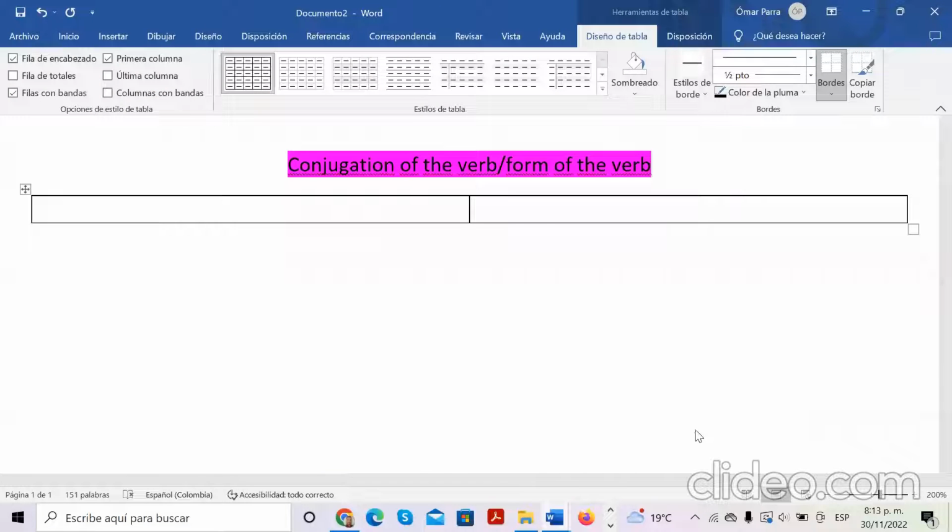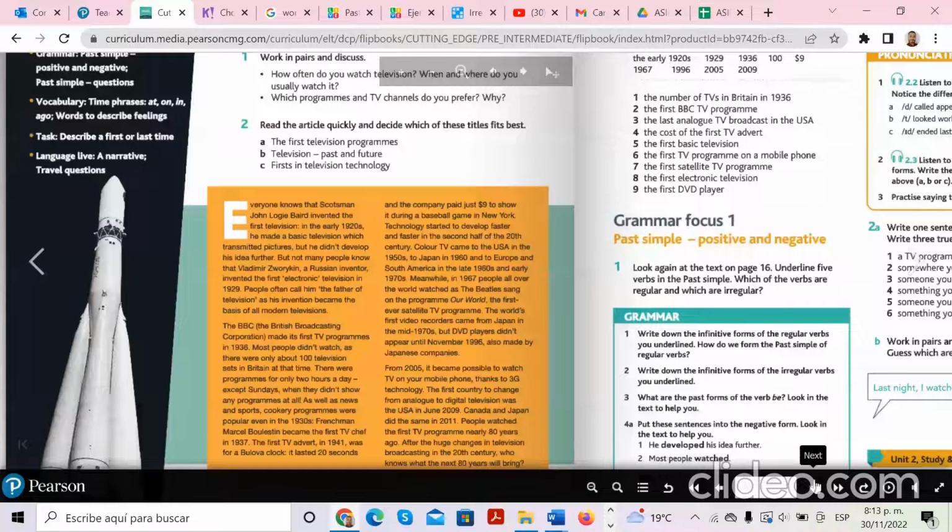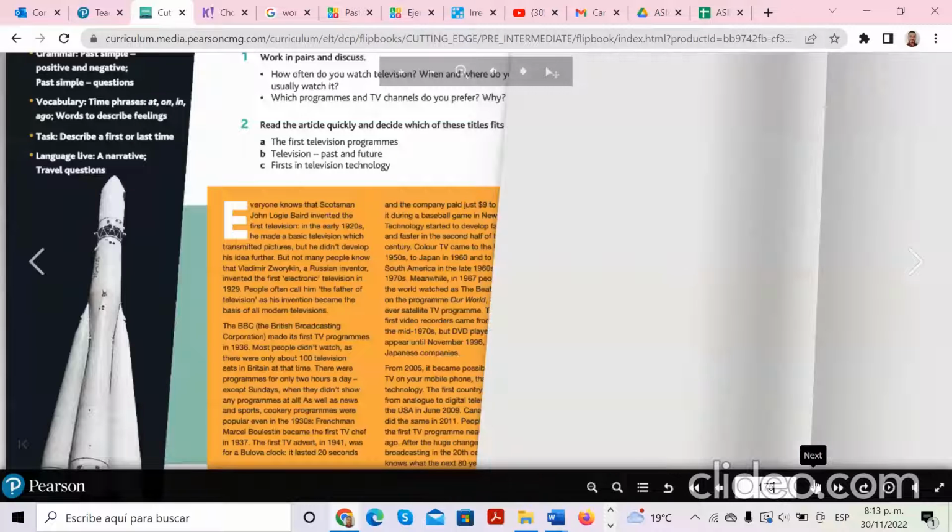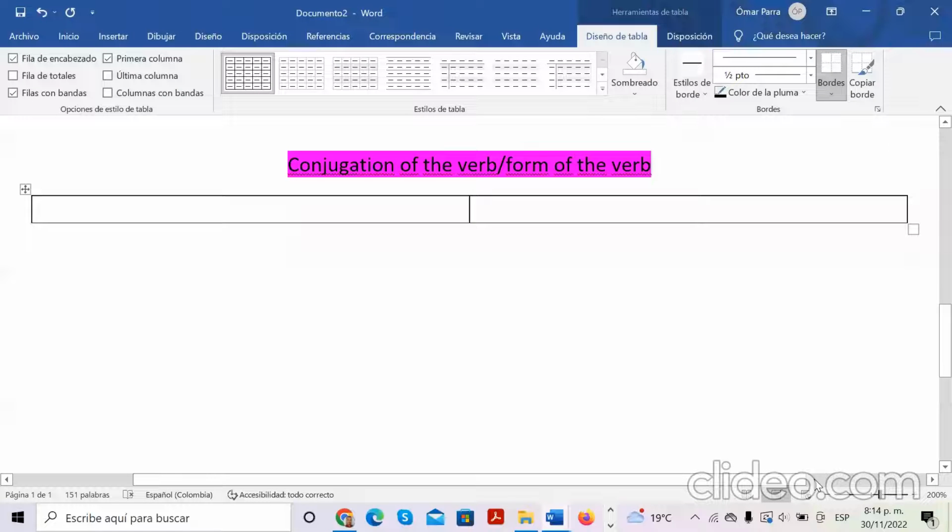On page 175, you'll find a list of irregular verbs only. The idea is for you to learn those verbs little by little. It's important that you learn the conjugation of both regular and irregular verbs in English. This is a gradual process, don't worry. You don't have to learn them all at once, but please study them little by little.